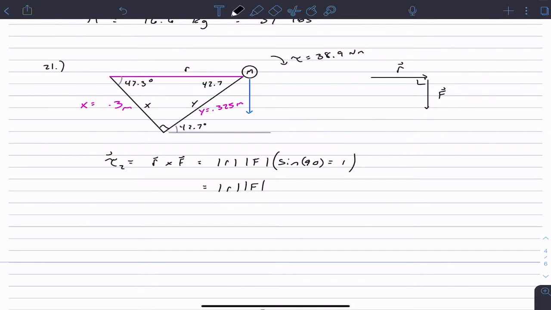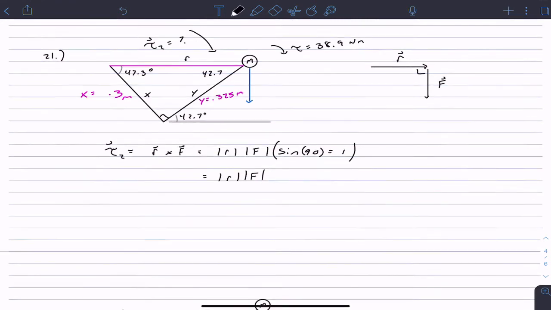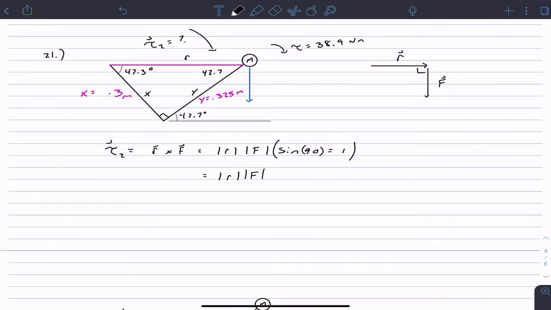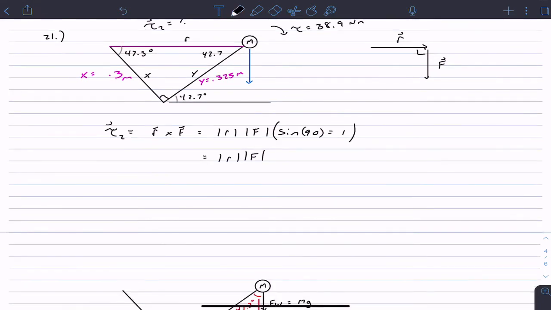But for the shoulder, T2, we don't know what that is. That's what we want. So we're going to need some information. What are we missing? We want T2. Sine theta has gone away. We need R, we need F.